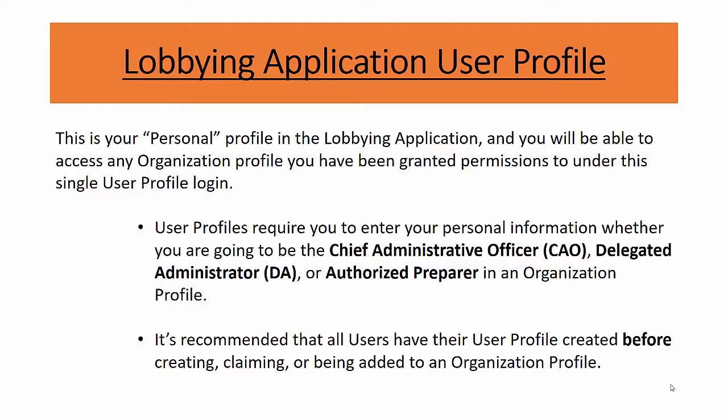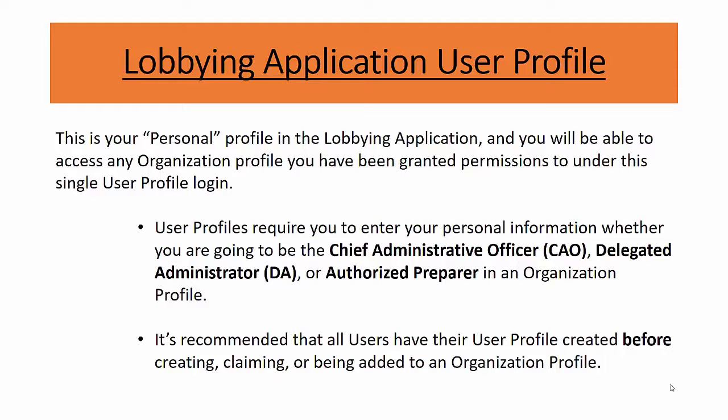User profiles require you to enter your personal information, whether you are going to be the Chief Administrative Officer, Delegated Administrator, or Authorized Preparer in an organization profile. I will explain what these three roles are and the permissions attached to them in a future video.